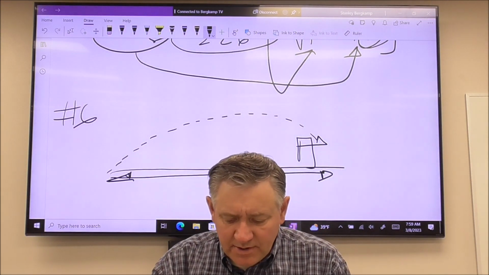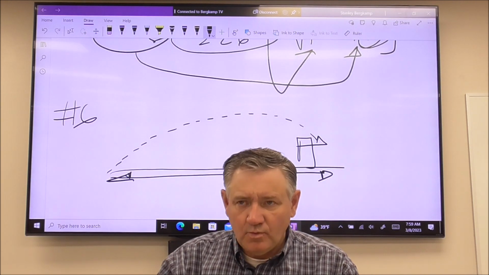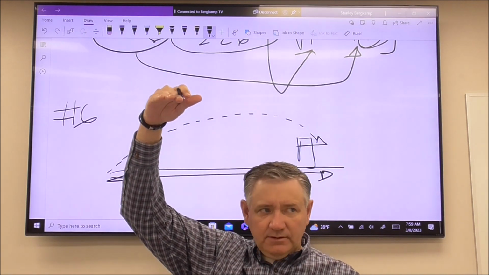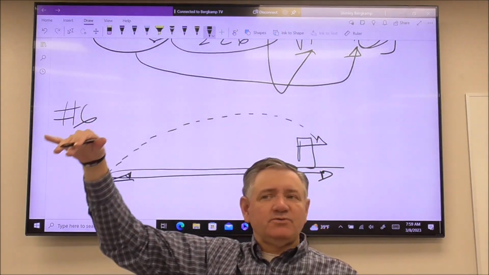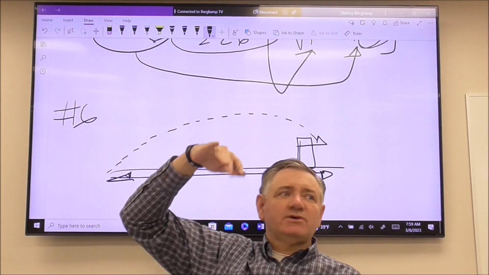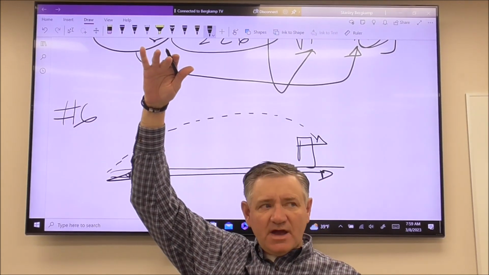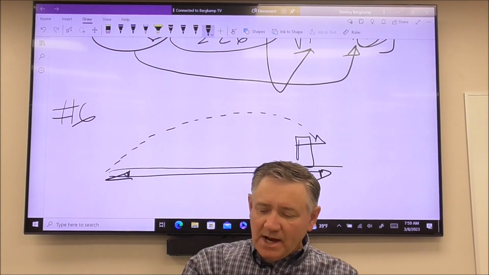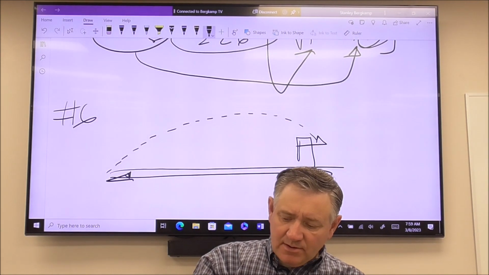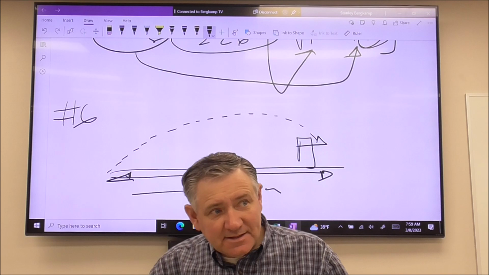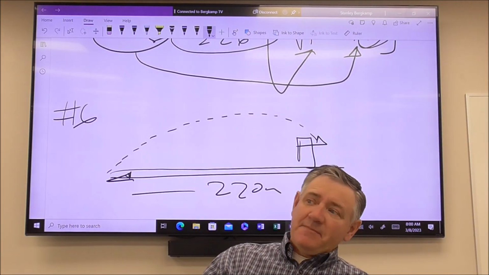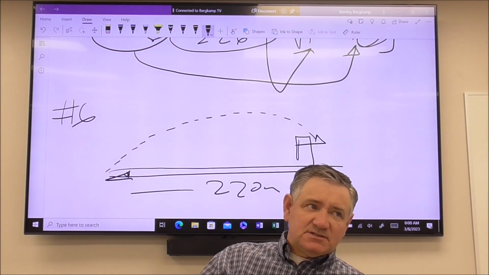When we were at 220 meters away, we were above the wall. So my answer has to be more than 220 meters, because at 220 meters I was about 4.5 meters above the wall. So I know this has to be greater than 220 meters, but it has to be less than my maximum range of 226.